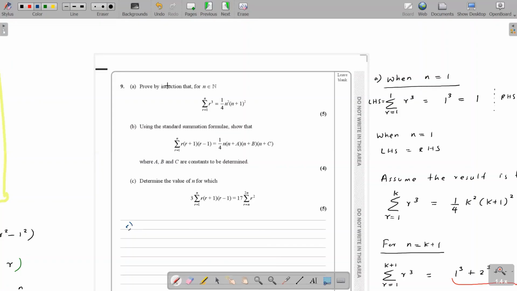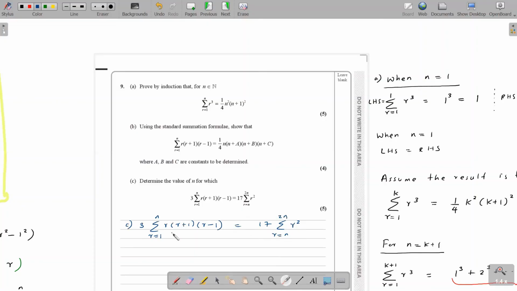Part C, so the summation of 3 times r plus 1, r minus 1 from r equals 1 to n is equal to 17 times summation r square from n to 2n.